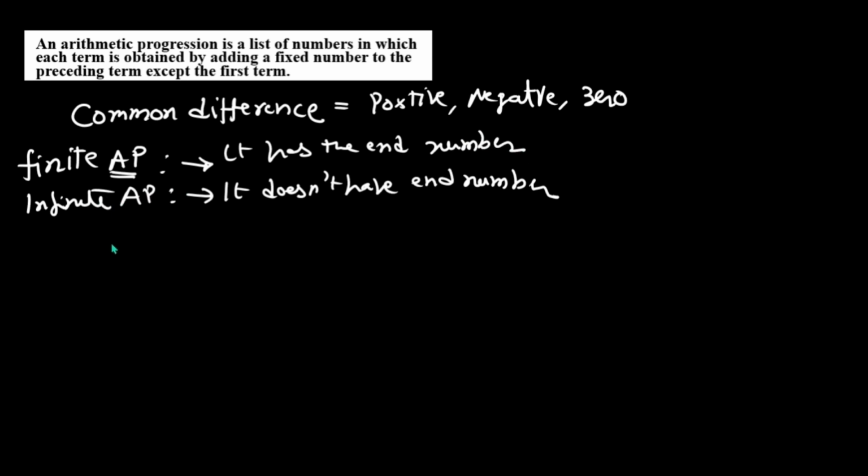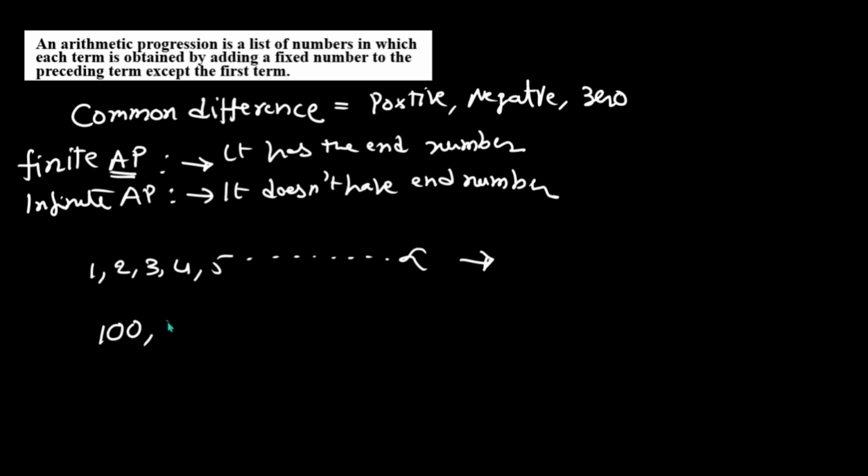For example, if you write the real numbers starting with 1, 2, 3, 4, 5, it does not have any end number, it will go to infinity. This kind of series is called an infinite arithmetic progression. For example, say you are solving a problem: initially you have 100 rupees and each year your father gives you 50 rupees.